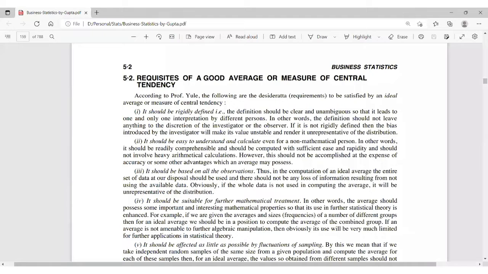Second, it should be easy to understand and calculate, even for a non-mathematical person.